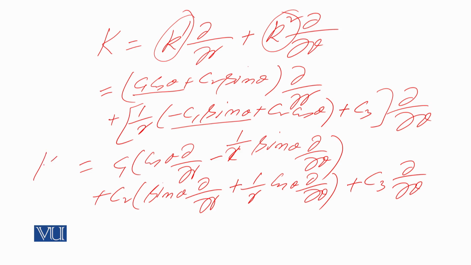So you have written this equation in terms of c1, c2, c3 independently. Now you can say that you have the first generator as K1.